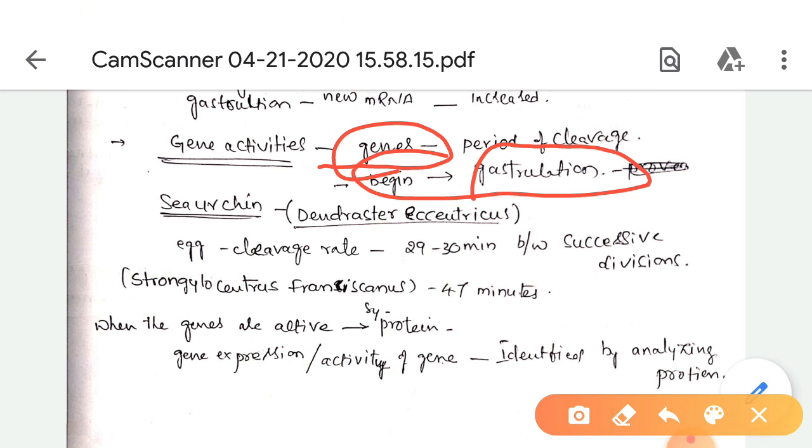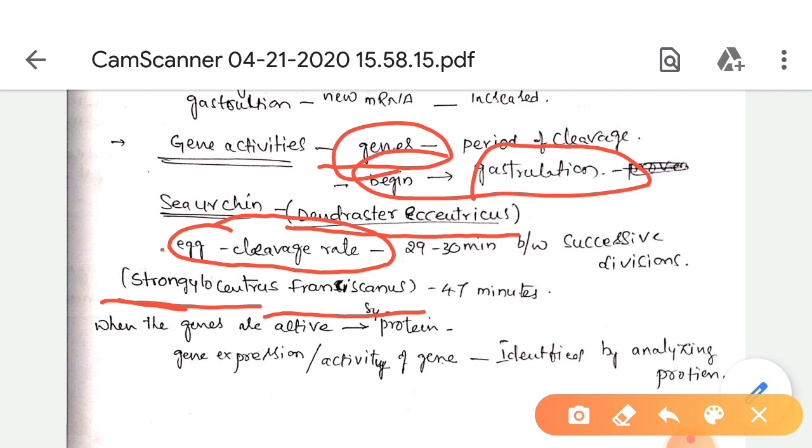Here is a comparison between Dendraster excentricus and Strongylocentrotus franciscanus. In Dendraster, the egg cleavage rate is 29 to 30 minutes to complete all cleavages, but the other one takes 47 minutes.